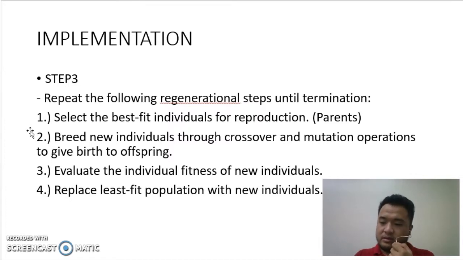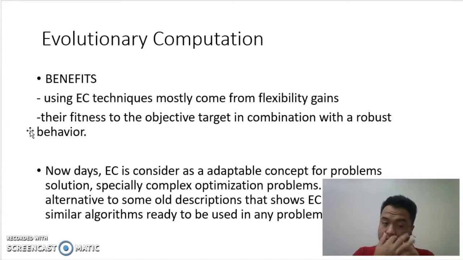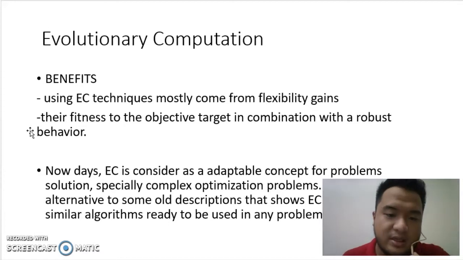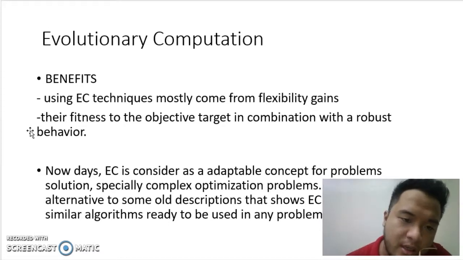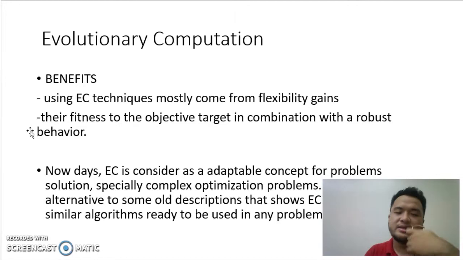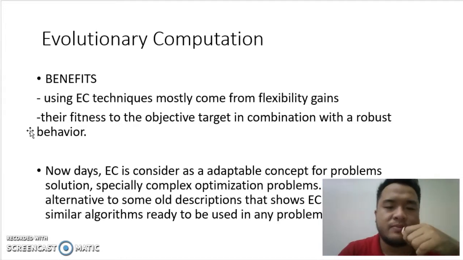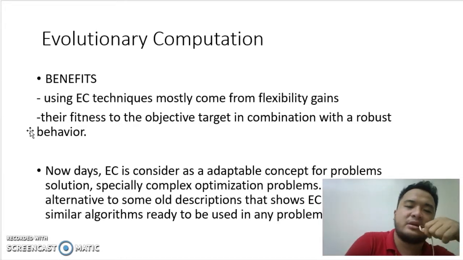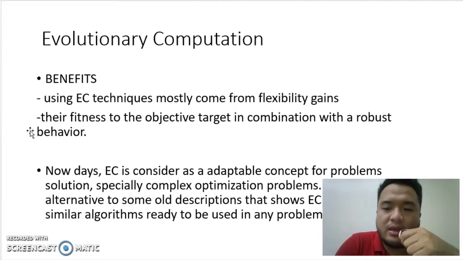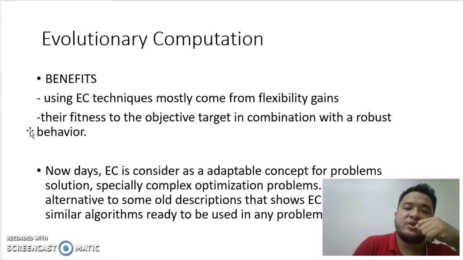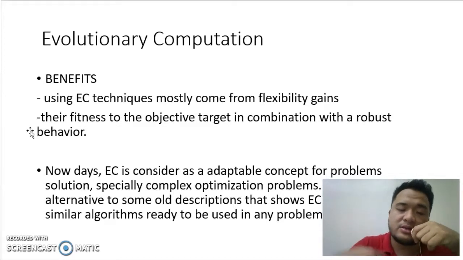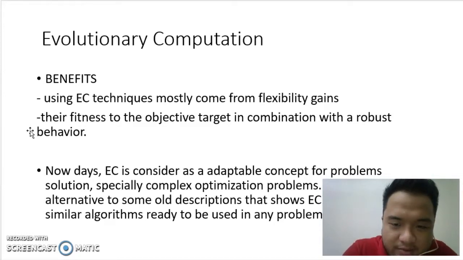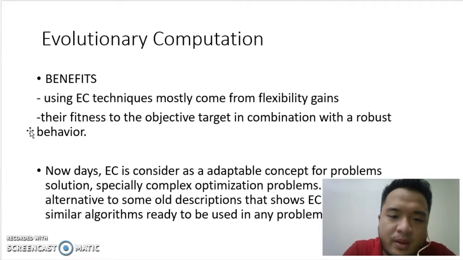So next, evolutionary computation: what are the benefits of it? In EA and EC, there are also benefits. Using EC techniques mostly came from flexibility gains, their fitness to the objective target in combination with a robust behavior.